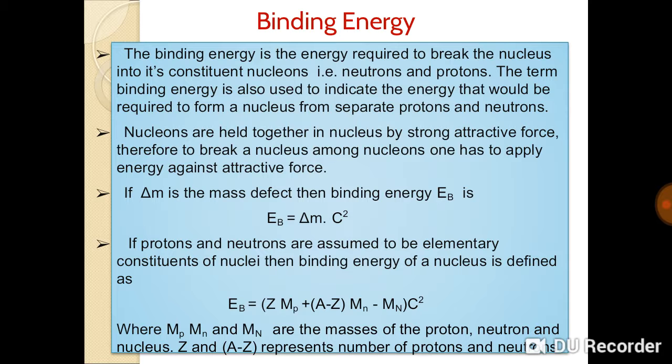If protons and neutrons are assumed to be the elementary constituents of the nuclei, then binding energy of a nucleus is defined as E_B = [Z Mp + (A minus Z) Mn minus M_N] c square, where Mp is the mass of proton, Mn is the mass of neutron and M_N is the mass of nucleus. Here Z and A minus Z represent number of protons and neutrons.